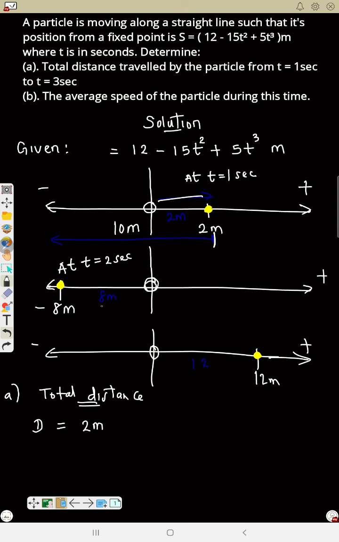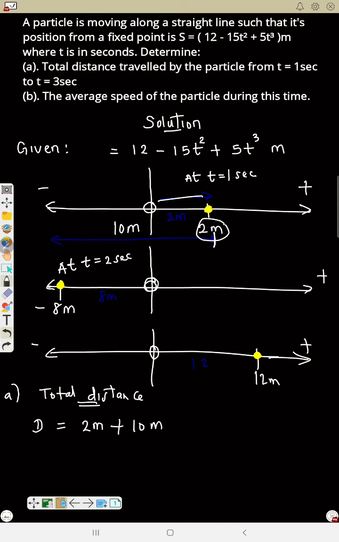From origin is 8 meter, and from origin to this place is 2 meter. Total distance like this is 10 meter. So that means going backward for 2 seconds, the total distance it covers is 10 meter. From here to here is 2. From here again to this place is 8. 2 plus 8 is 10. That means we have plus 10 meter.